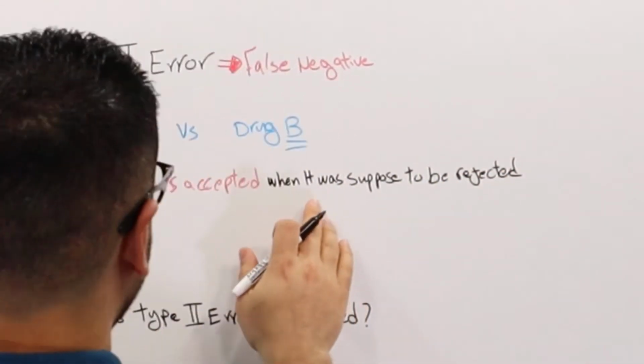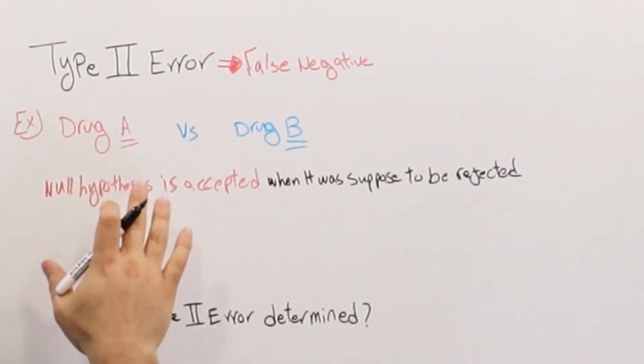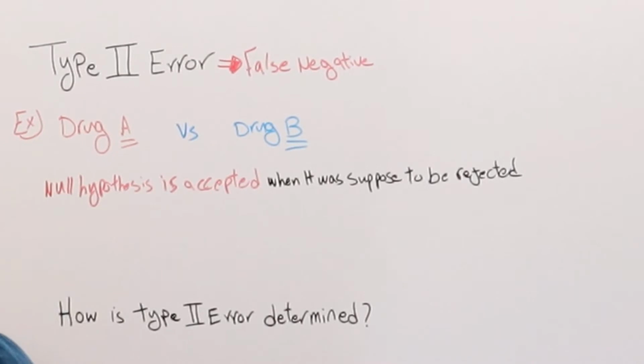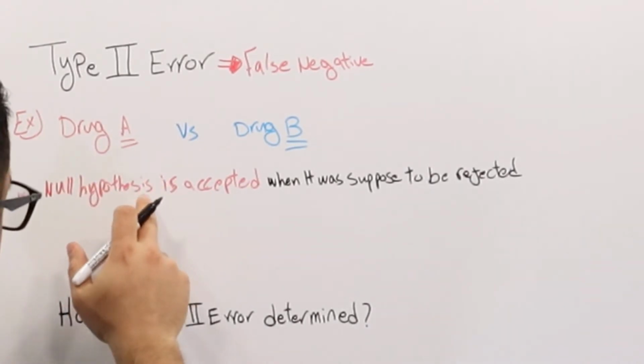So here it's the opposite of type 1 error. Here we accepted the null hypothesis when we were supposed to reject it.